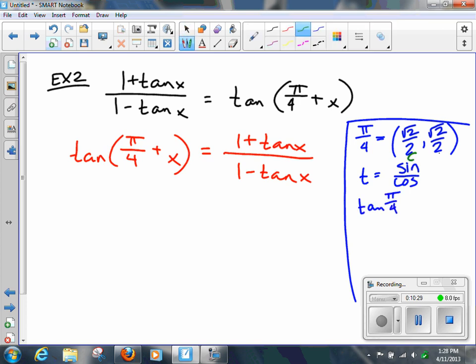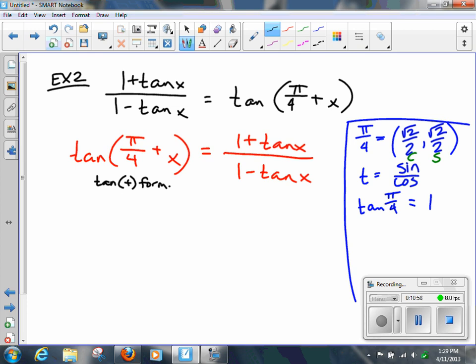If this is cosine and that's sine, folks, what's something divided by itself? 1. So we know that the tangent of pi over 4 is 1. Now, we're going to use that after we fill in our formula. Go to your card. We have to use the tangent addition formula because we are having to prove this. Verify that it's true. It is, but we have to prove it.